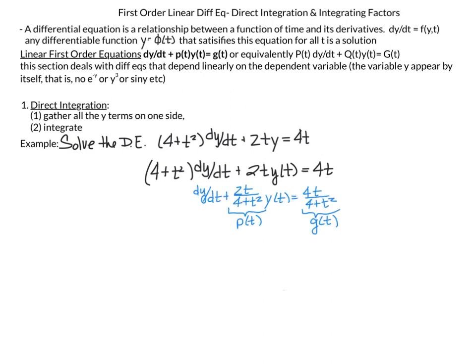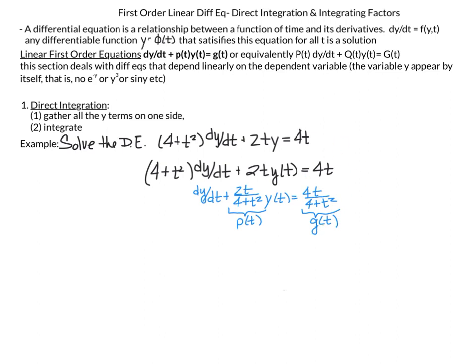And you can see now that my equation is in this form of dy/dt plus some function of t, and it's only a function of t, there are no y's in this function, times y of t, equals another function of t, no y's, which is g of t.